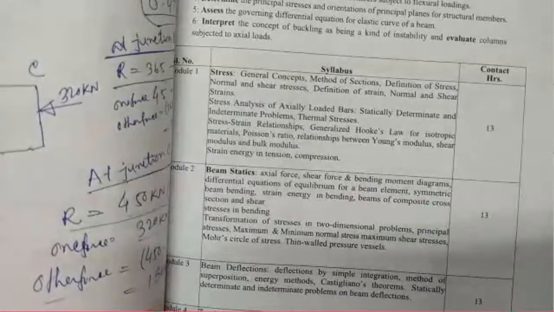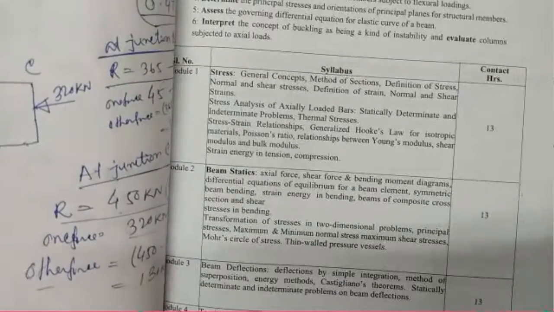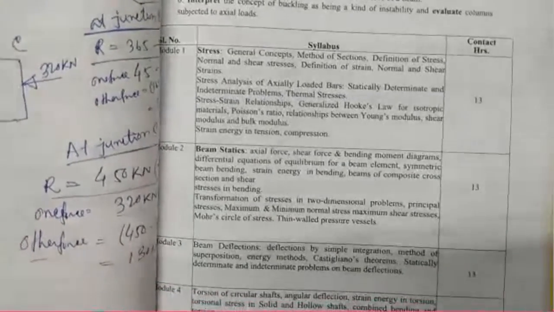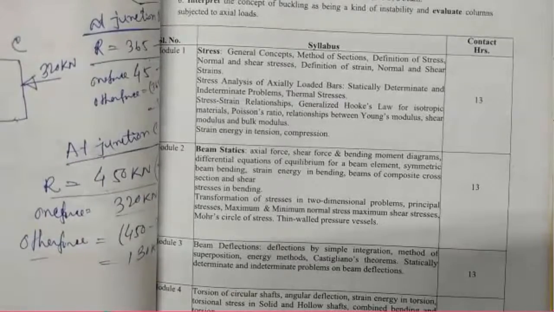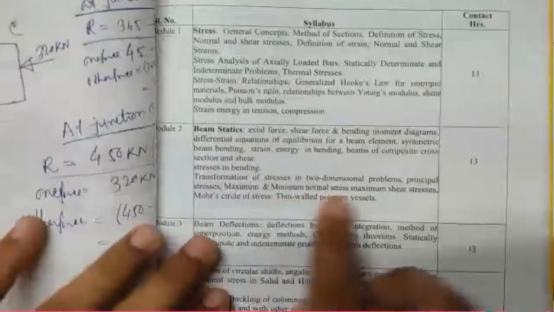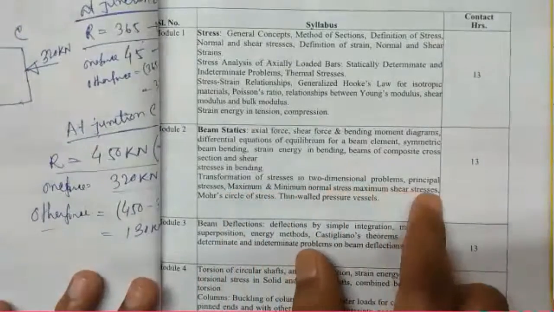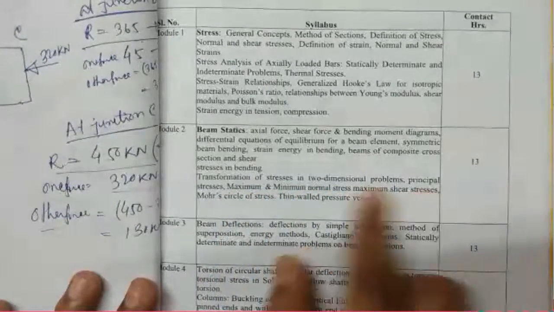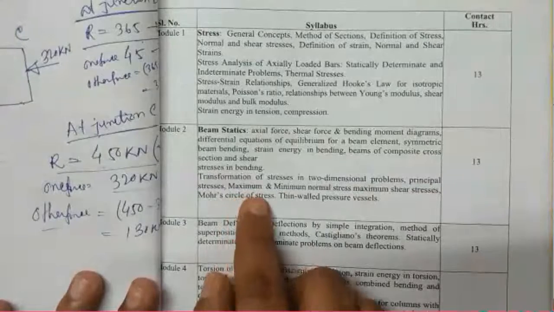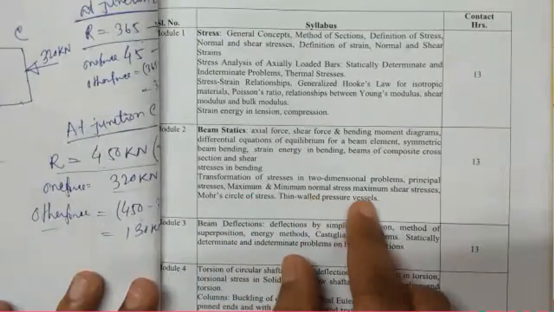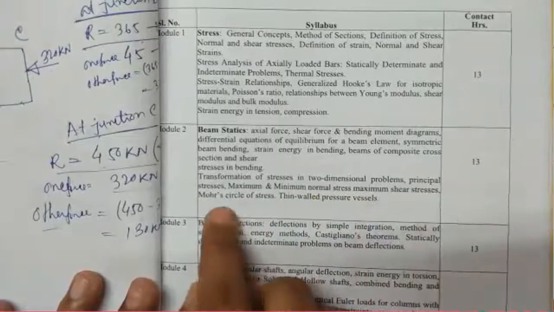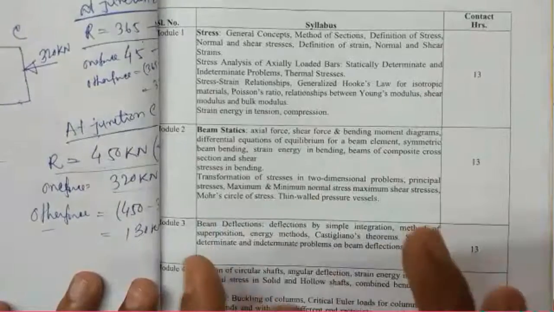Module 1 is completed, and from module 2 we will have only principal stress and strains: transformation of stresses in two-dimensional problems, principal stresses, maximum and minimum normal stress, maximum shear stresses, Mohr circle of stress, only this much.